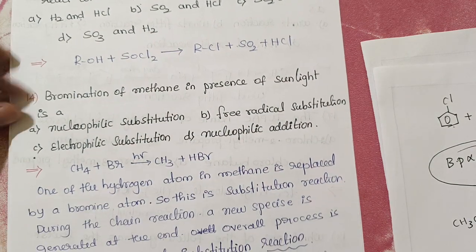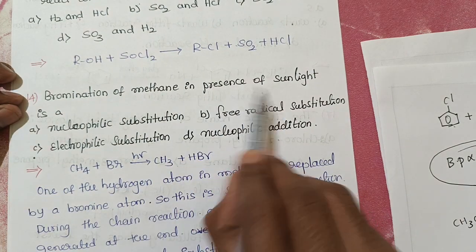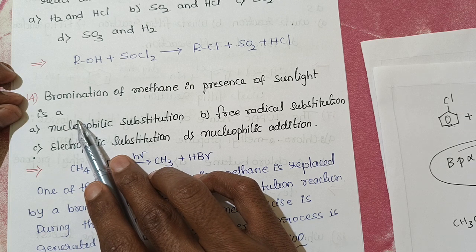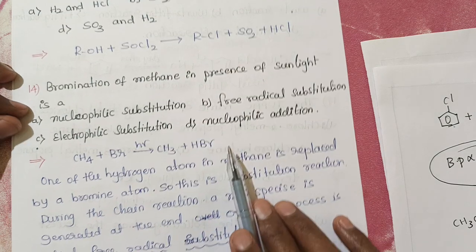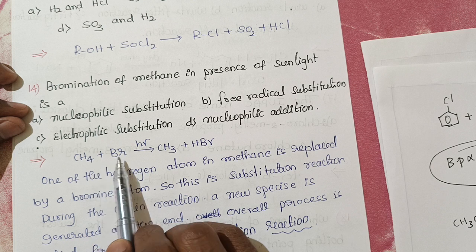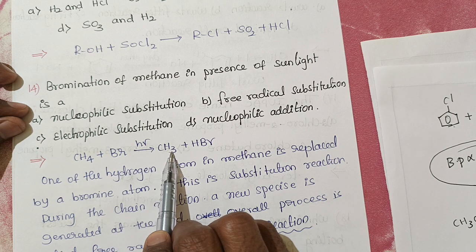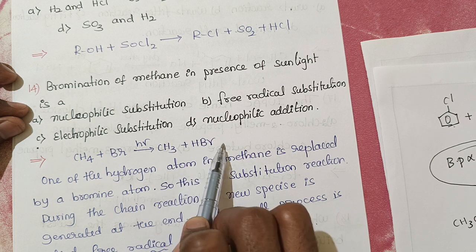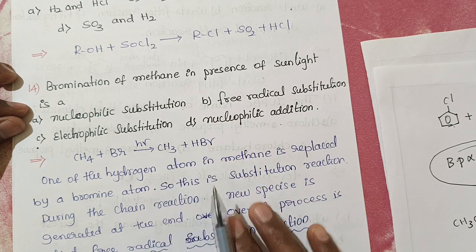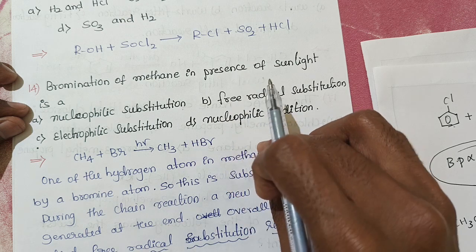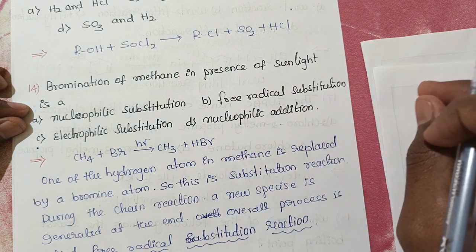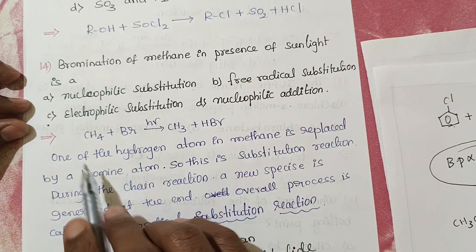Then, bromination of methane in presence of sunlight is a... See, methane means CH4. Whenever it is reacted with Br2 in presence of light, hν, there is a formation of CH3Br as well as HBr. So this is an example for free radical substitution reaction. So I wrote one sentence here.